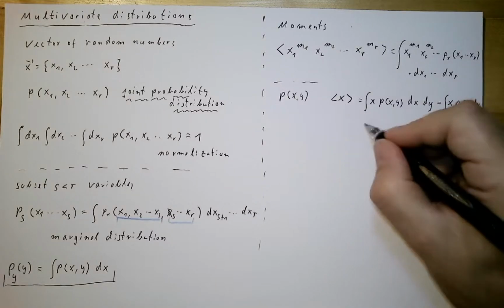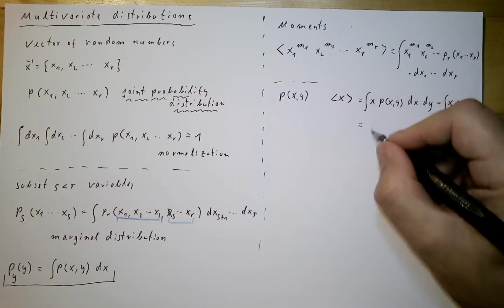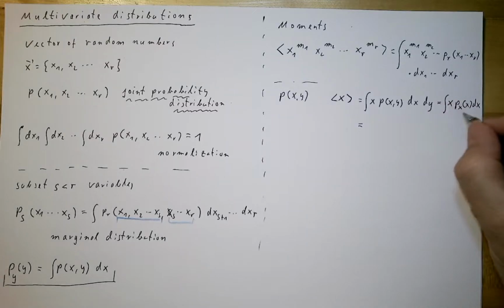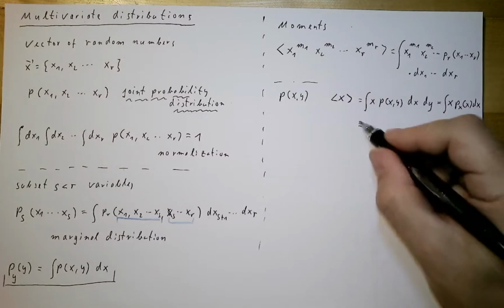So this is also the expectation value: the expectation of the marginal distribution p of x.